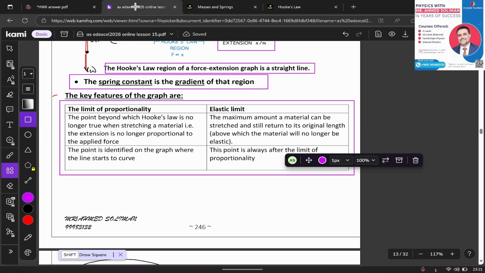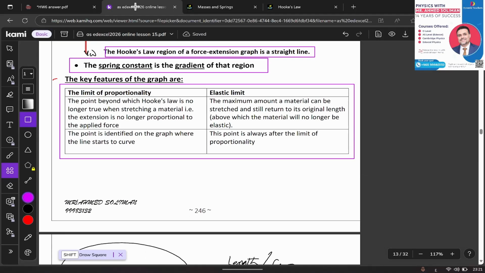So can you read the limit of proportionality, Mirola? The point beyond which Hooke's law is no longer true when stretching a material, i.e., the extension is no longer proportional to the applied force. The point is identified on the graph where the line starts to curve. Okay, what about you, Habiba? Can you explain the elastic limit?